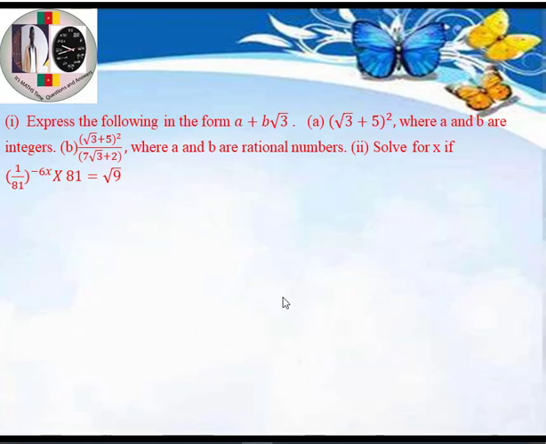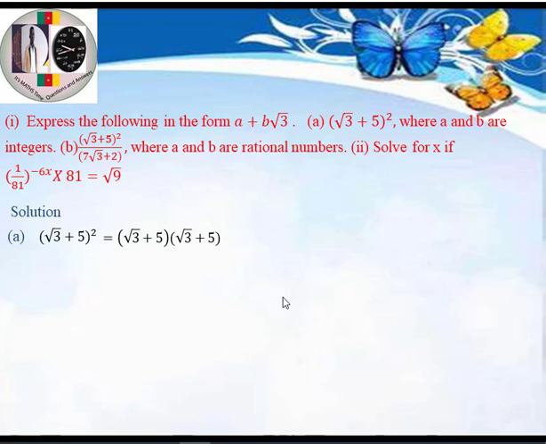So for us to handle this, we'll begin with the first part, the a part, which says that we should evaluate the square root of 3 plus 5 all that squared in the form a plus b root 3. To square something simply means we multiply that thing by itself, so we multiply root 3 plus 5 by itself.